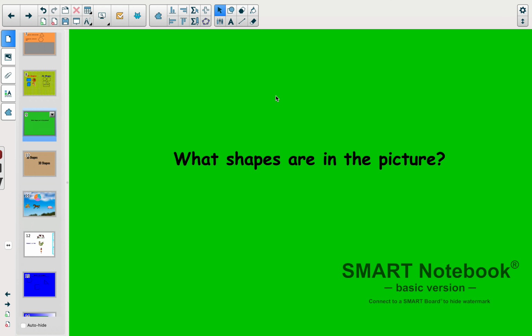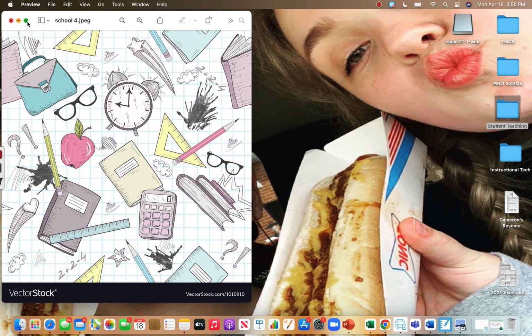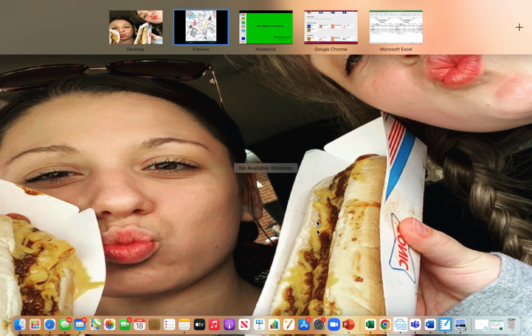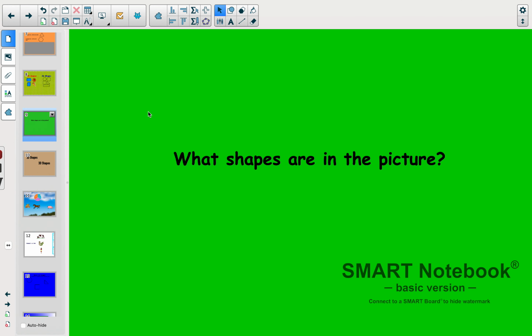You would click right on the question, and it would take you to this picture, and the students would be able to label what shapes they see: rectangles, triangles, circles, squares, and they would even be able to label how many they've seen, as differentiation for students who were at that level that would be able to distinguish how many they would see.